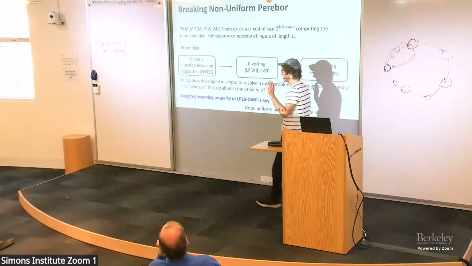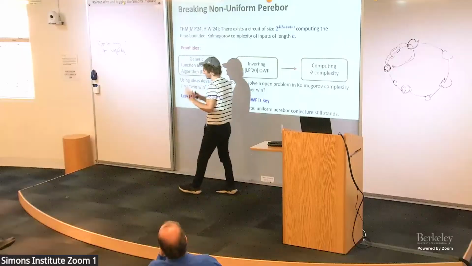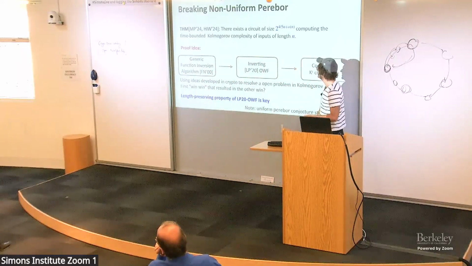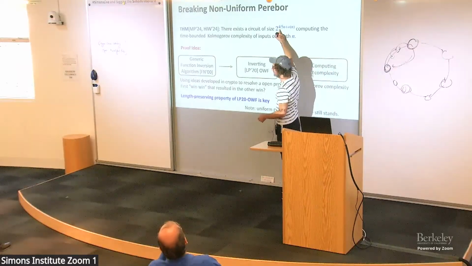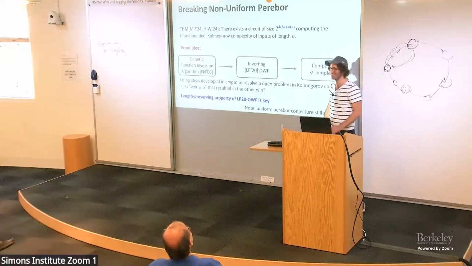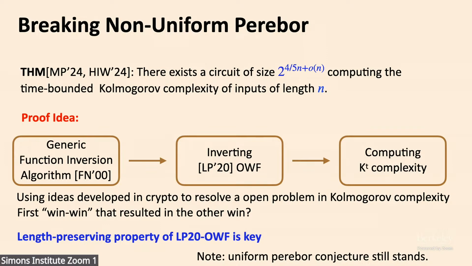If you can find a length preserving worst case one-way function from SAT, like the one we do in homeworks, it multiplies by 2, and if you multiply by 2 here, it's not good. It's more than n. That's the only issue. So it doesn't have to be even super length preserving. So I don't know, it might be possible.